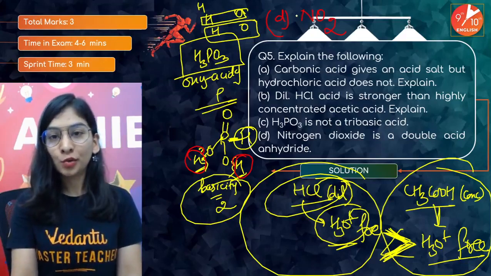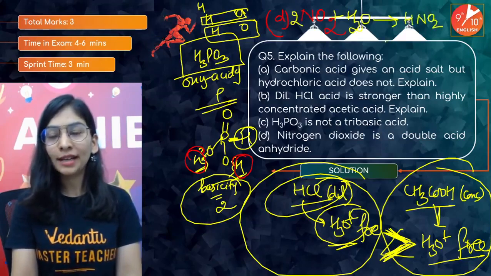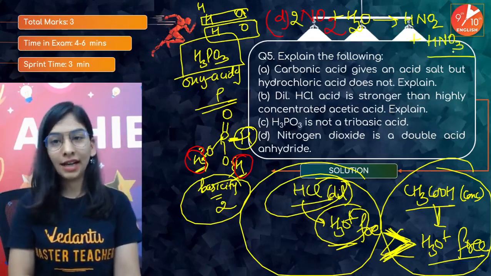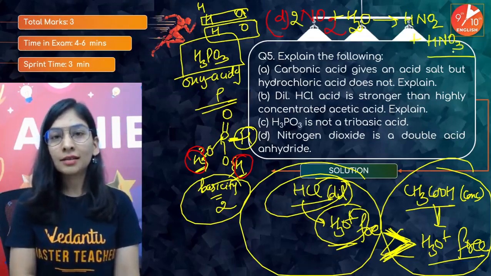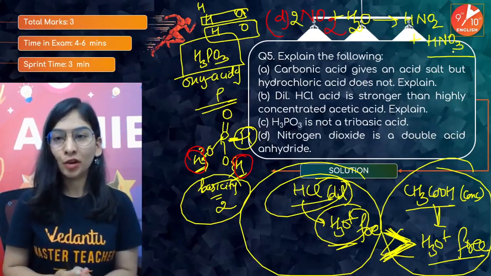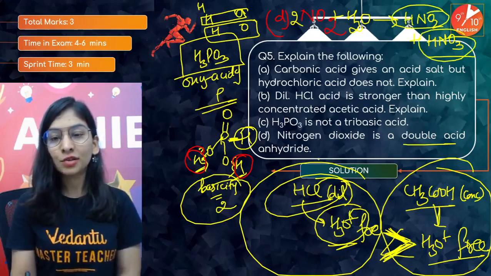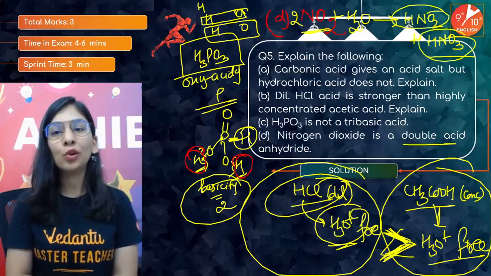I'm putting 2 molecules of NO2 with water, and basically it's going to give you HNO2, nitrous acid, and another, HNO3, nitric acid. You see this reaction, that's in the complete balanced form also. So I'm getting nitrous acid and nitric acid, 2 acids, so NO2 is a double acid anhydride.